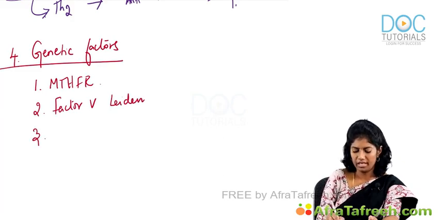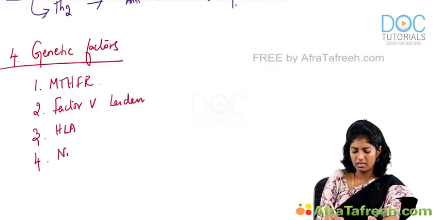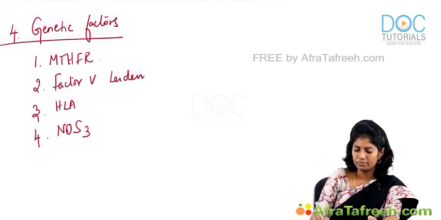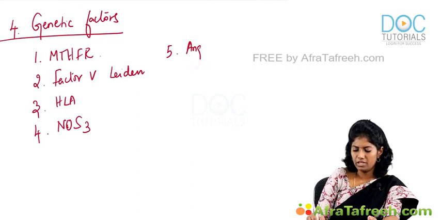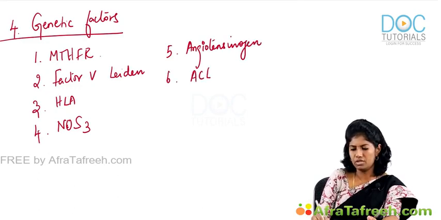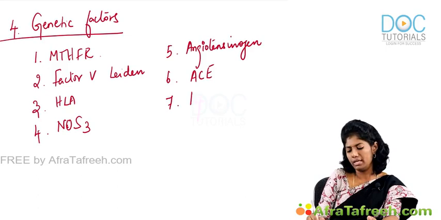Number 3, HLA genes. Number 4, nitric oxide synthase, NOS3. Number 5, angiotensinogen genes. Number 6, angiotensin converting enzyme genes. Number 7, lipoprotein lipase.